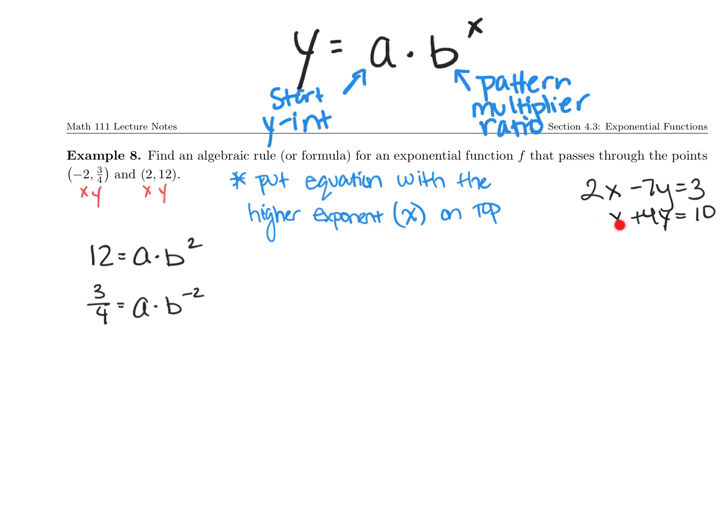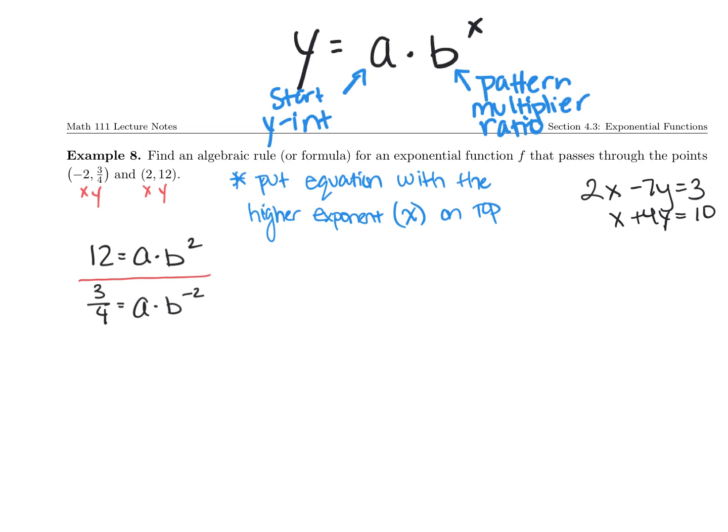Well, that's because our pattern is adding or subtracting. But here, since our equations are multiplying together, the opposite of multiplying is dividing. So just like how we would subtract these equations to get rid of one of the variables and solve, here I'm going to do the same thing, except now I'm going to divide my functions.